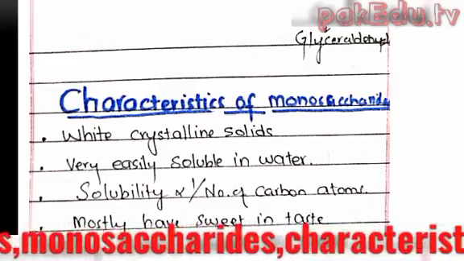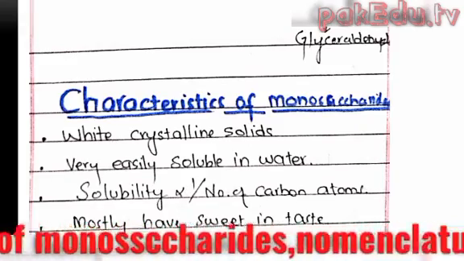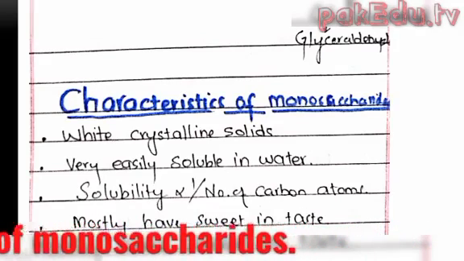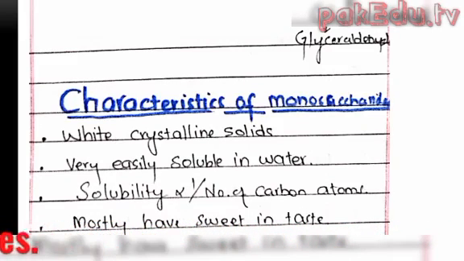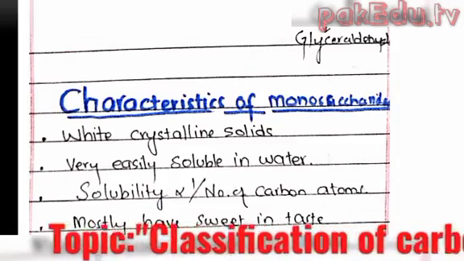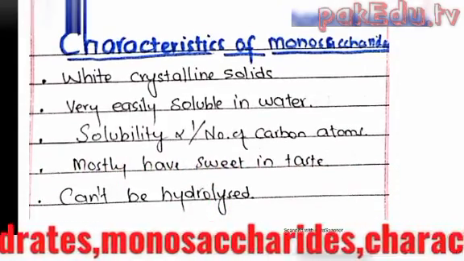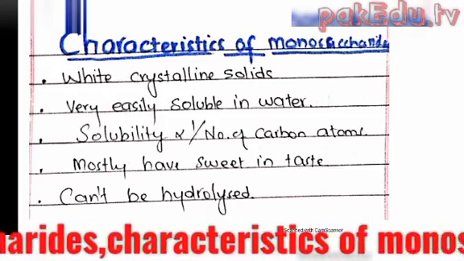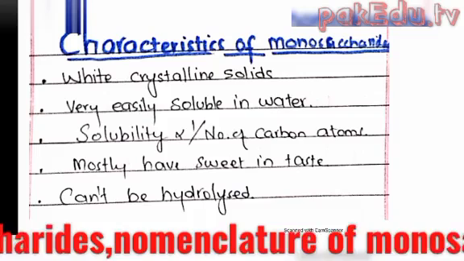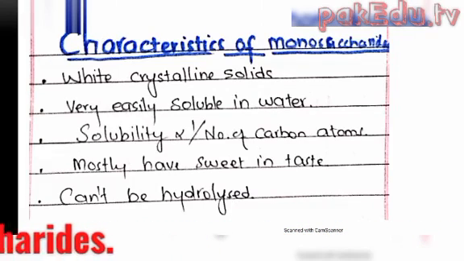So these are the most soluble carbohydrates as compared to oligosaccharides and polysaccharides, which are more complex, have more carbon atoms, and are less soluble in water. These are also the sweetest carbohydrates as compared to oligosaccharides and polysaccharides.